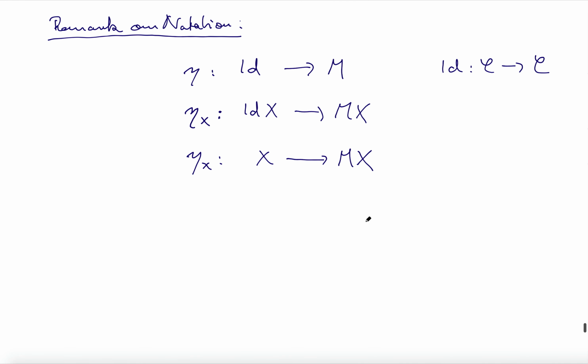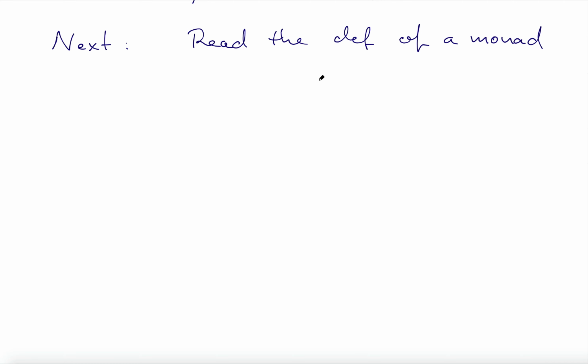So now, what's next? Actually I will not make a video where I write down the definition of a monad, so I think you can best read this for yourself. Next is read the definition of a monad, for example, in my lecture notes or on Wikipedia or on some other source, and then do the exercise.